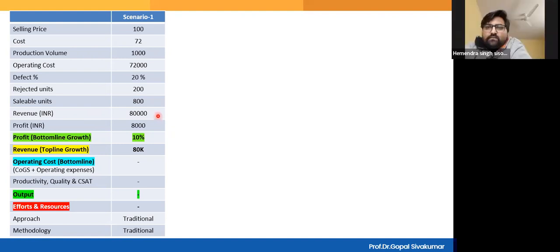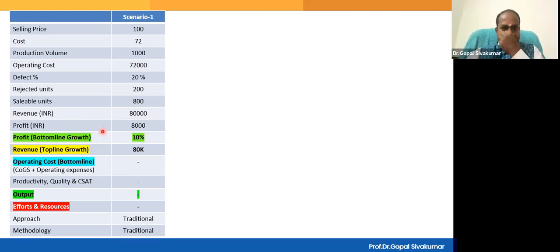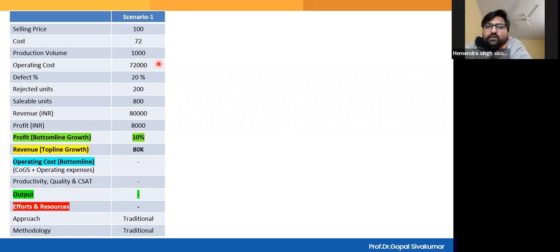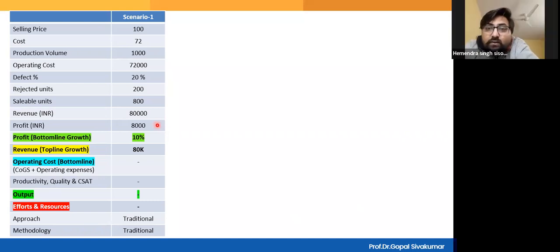What will be the total revenue you get? 80,000. Very simple, 800 into 100 is 80,000. And now your profit. You spent 72 rupees per product and you produced 1,000, so 72,000 is your operating cost. And the revenue is 80,000. So what is your remaining money, which is called profit? 8,000. Profit is only 8,000.